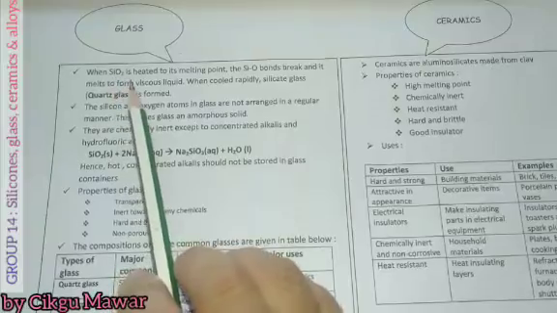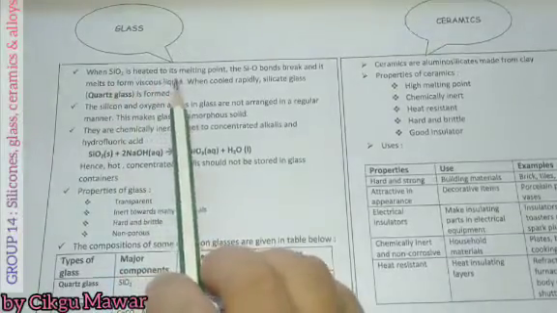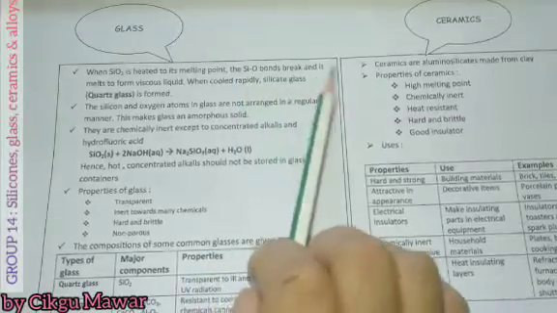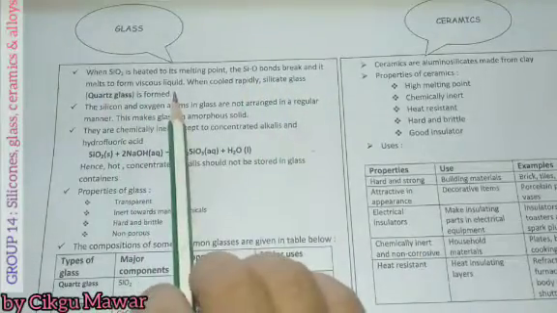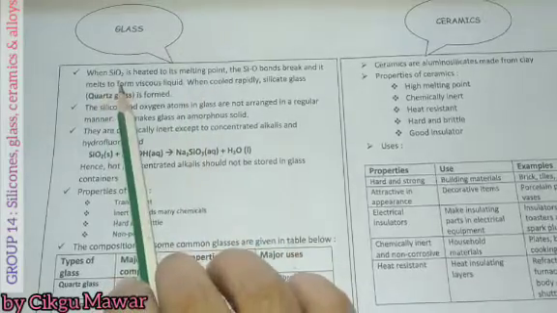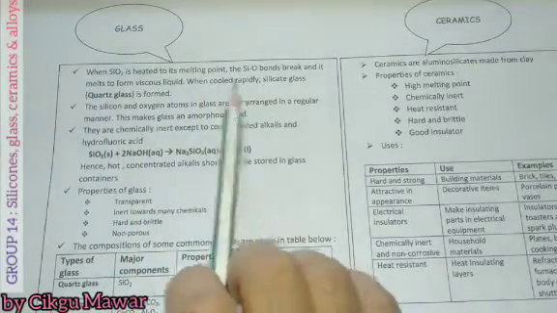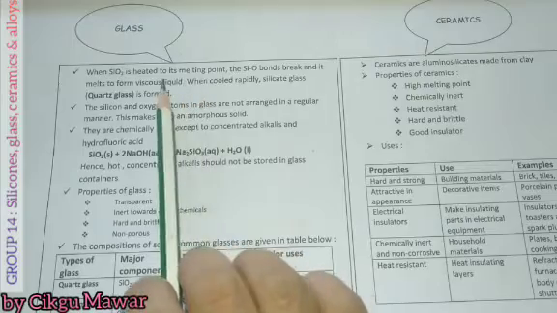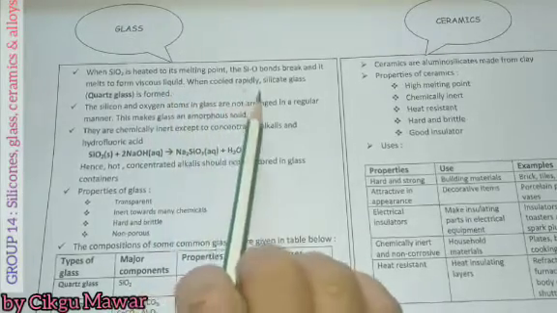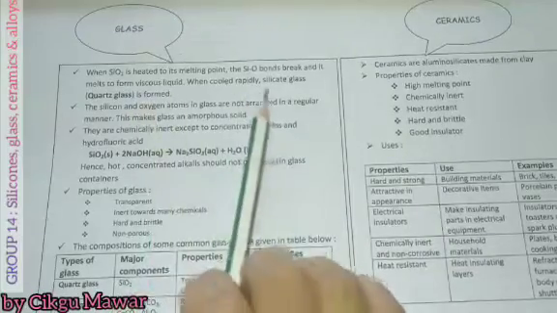When SiO2 is heated to its melting point, the Si-O bonds break and it melts to form a viscous liquid. So we have silicon dioxide and we heat it to its melting point, but after it melts, it cools rapidly.